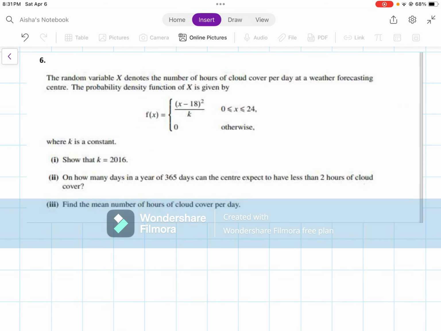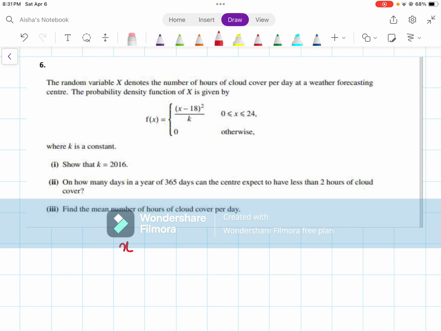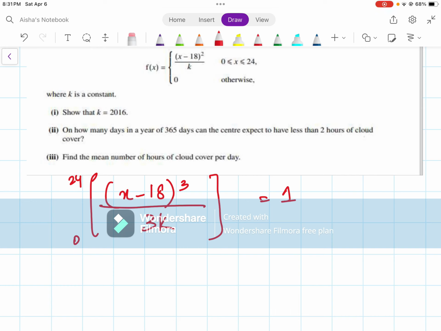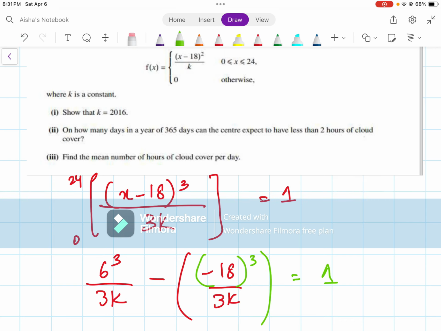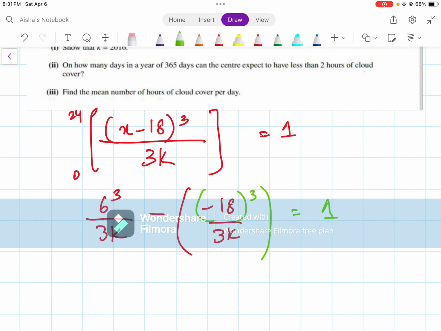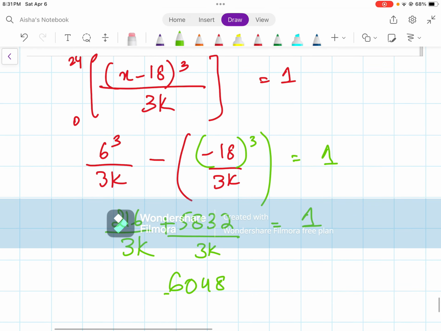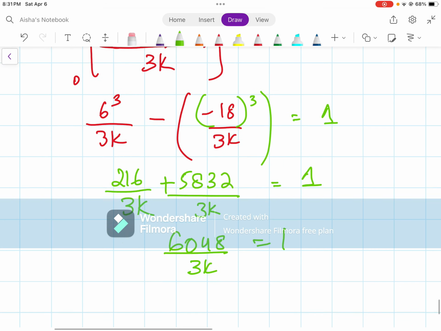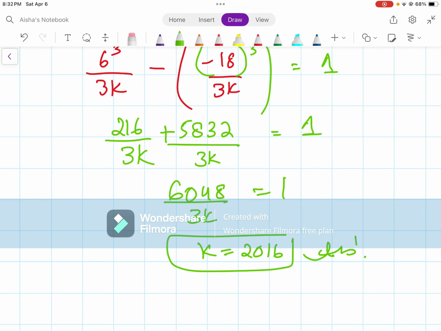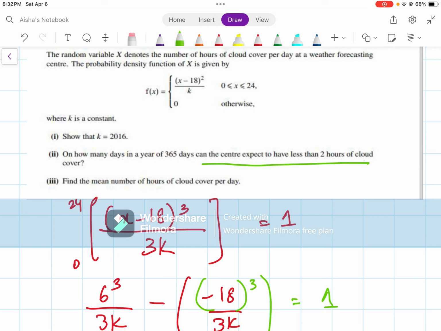How do we integrate this f of x? With full limit, we get the area equal to 1. Less than 2 hours of cloud cover.